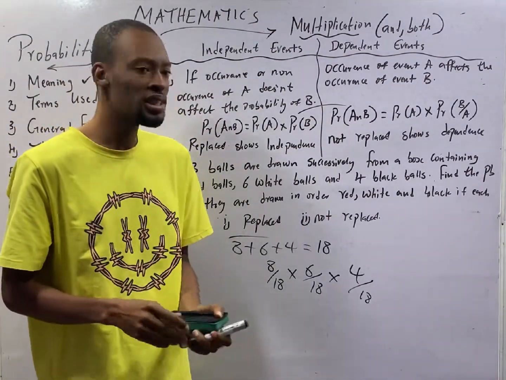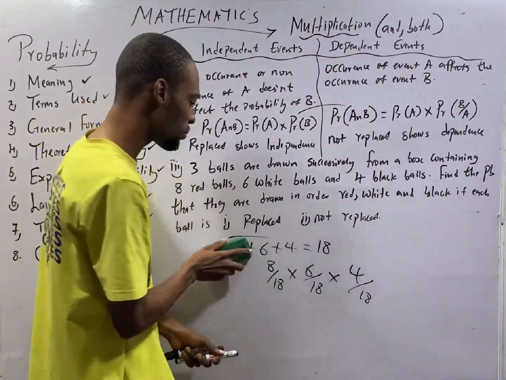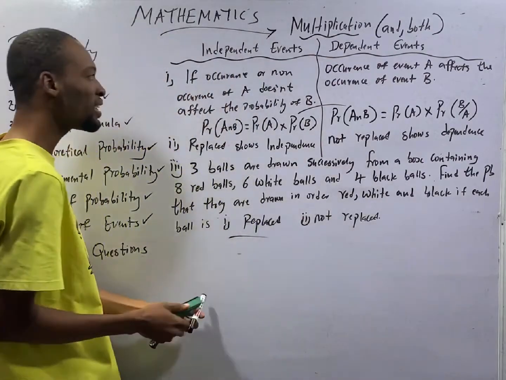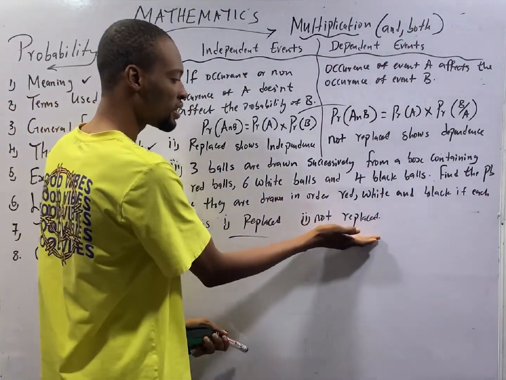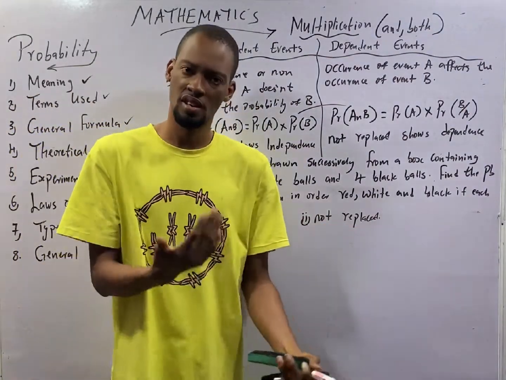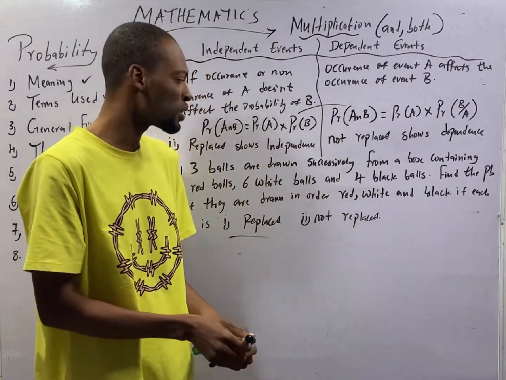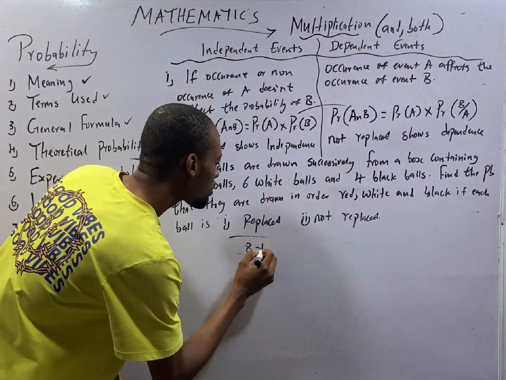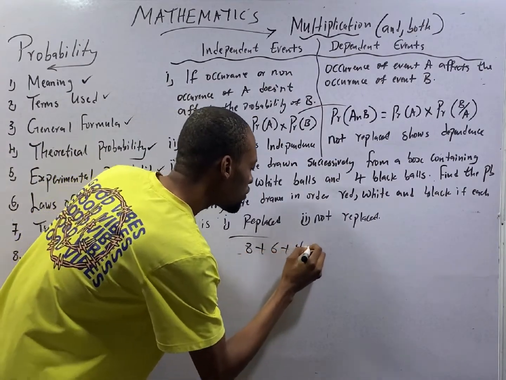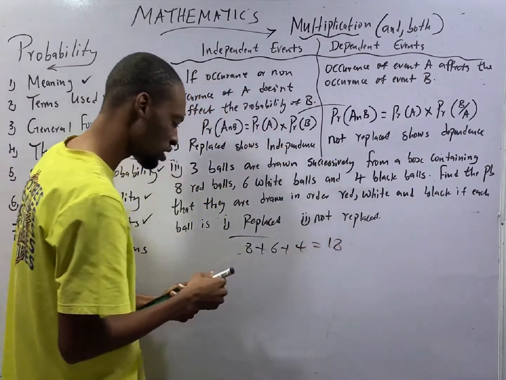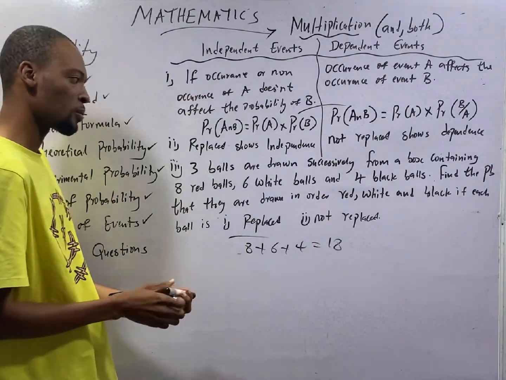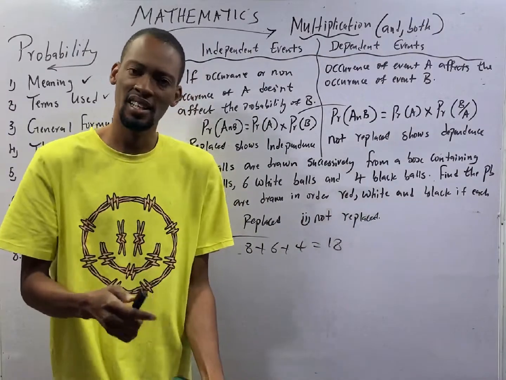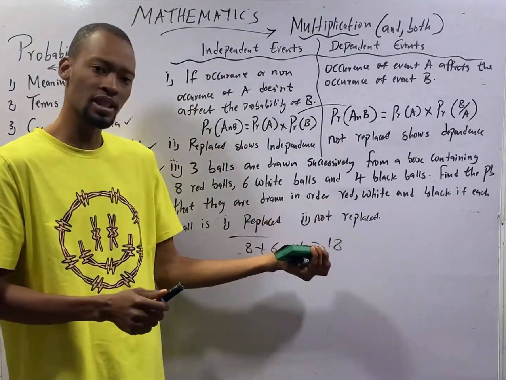How about for dependent events? This is what happens for dependent events. For dependent events, there is no replacement. It is not being replaced. So, what would happen? Total balls 8 plus 6 plus 4 equals 18. Total remains the same. We are picking red, white, and black in order, and we are not replacing them.